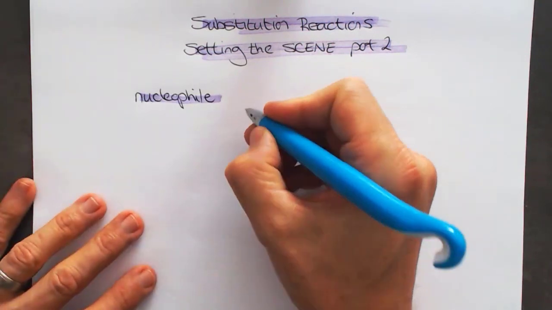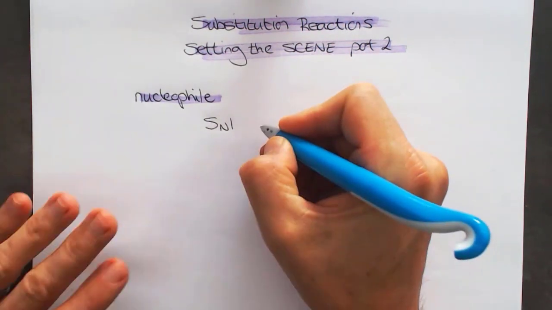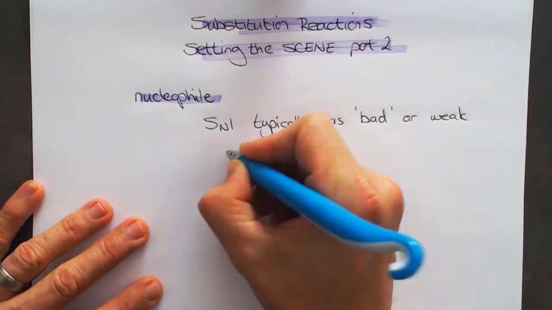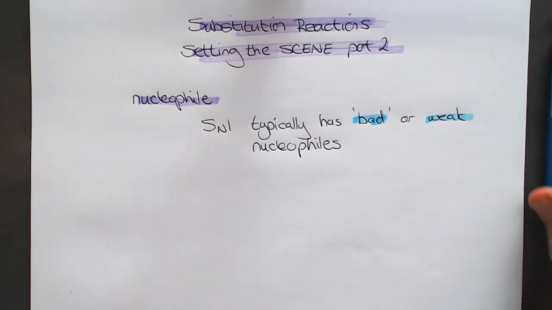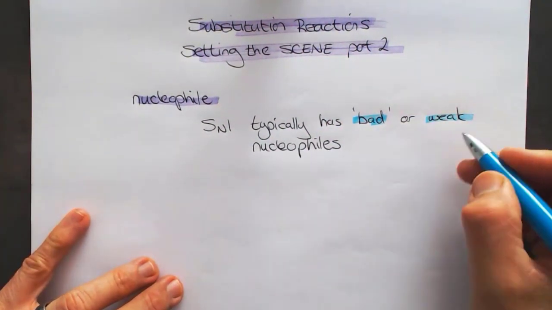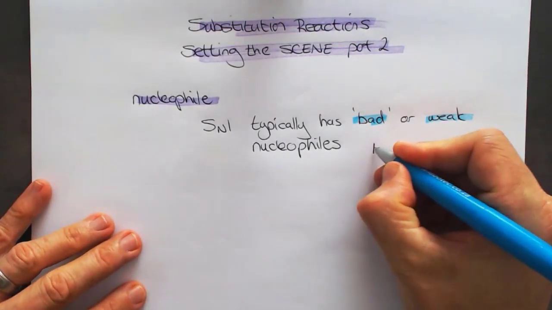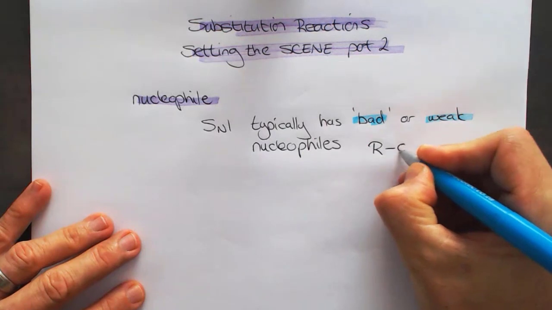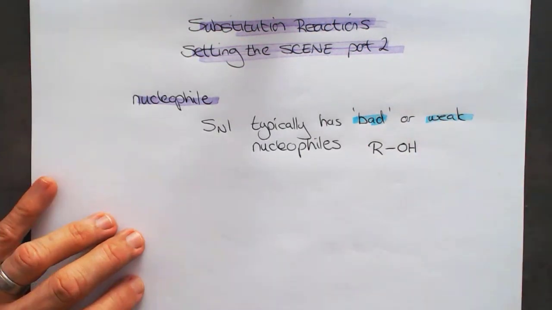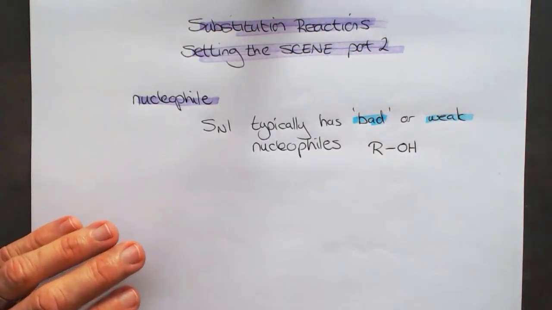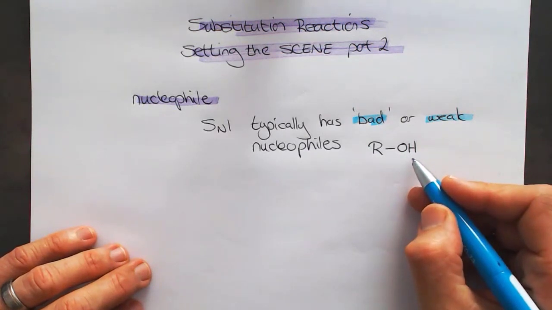The first thing is that an SN1 reaction will typically have bad or weak nucleophiles. If we are saying that a nucleophile is bad or weak, what do we mean by that? Well, possibly the most important example is the alcohols. Alcohols are not great nucleophiles at all.